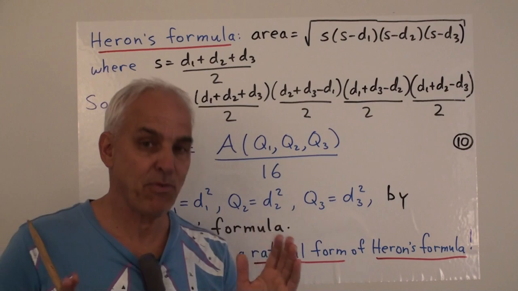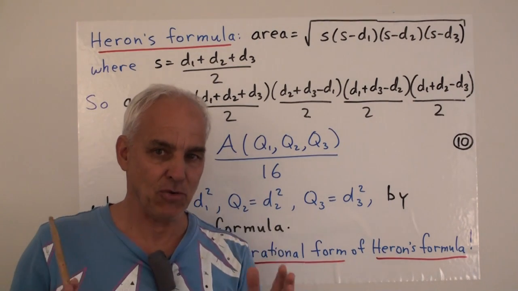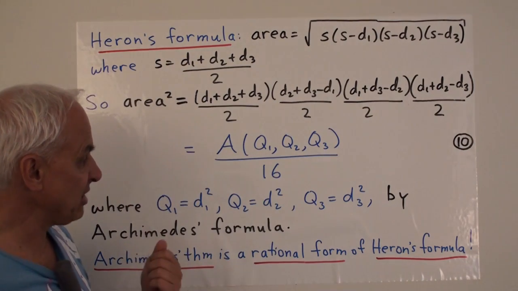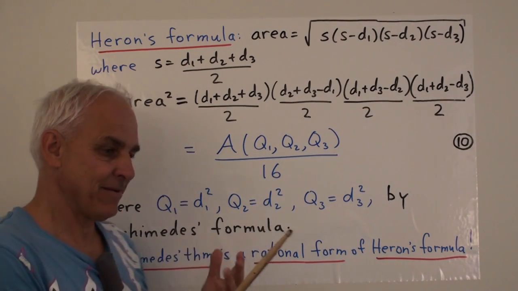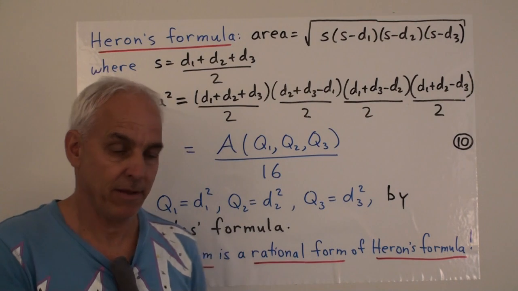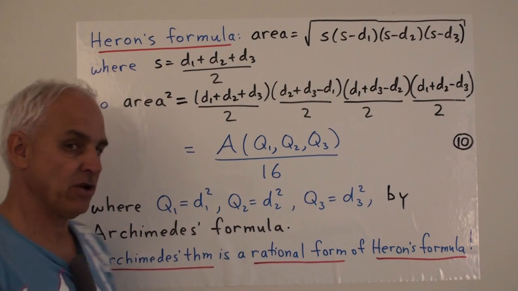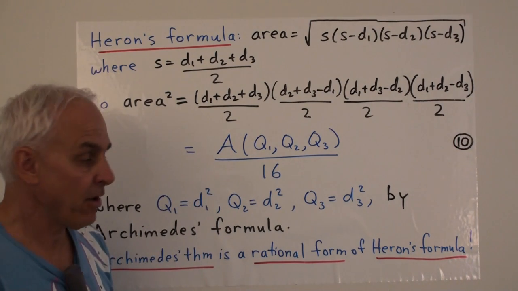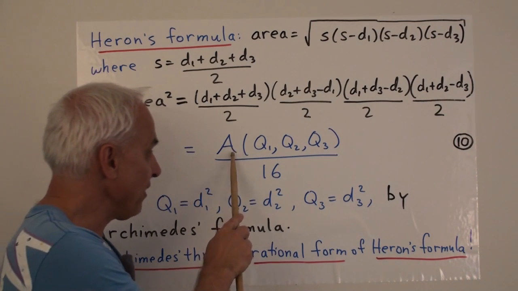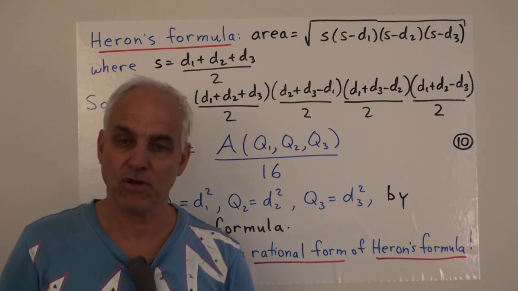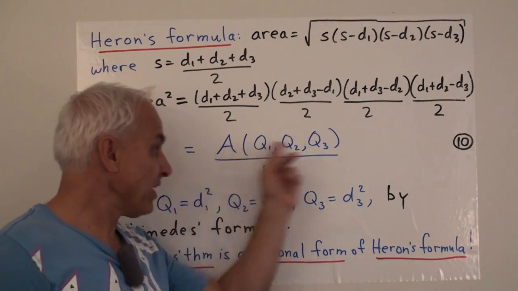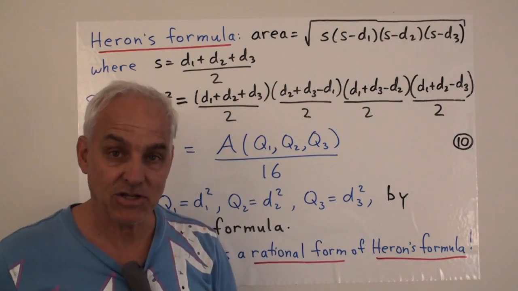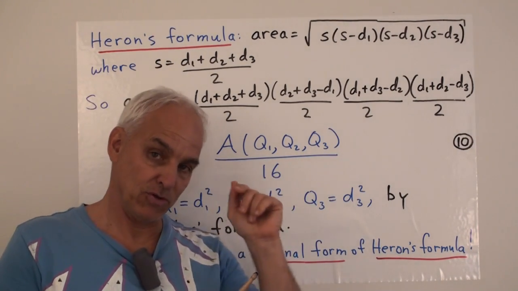At this point, I just want to clarify to you that it's the triple quad formula which is ultimately really responsible for giving us something like Heron's formula, namely the improved version of Archimedes' theorem. 16 times the square of an area of a triangle is given by the Archimedes function of Q1, Q2, Q3. And I remind you that this A is (Q1 plus Q2 plus Q3) all squared minus 2 times (Q1 squared plus Q2 squared plus Q3 squared).